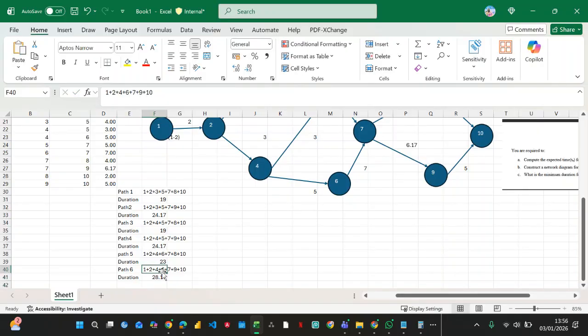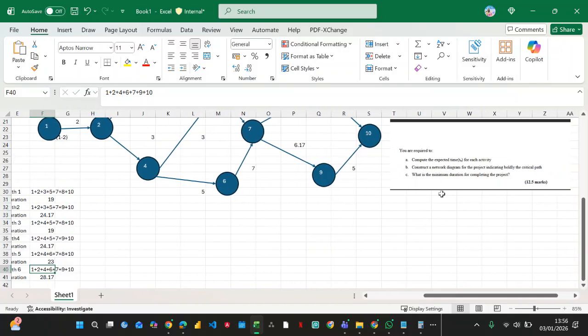Then we now have our duration. So we have answered the question completely now. The last question is: what is the minimal duration for completing the project?